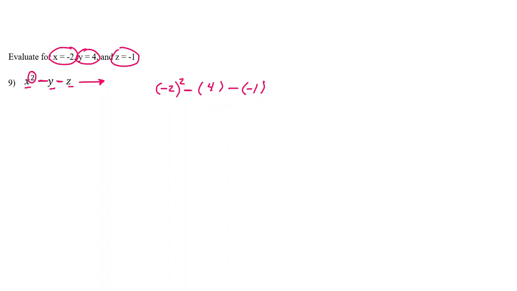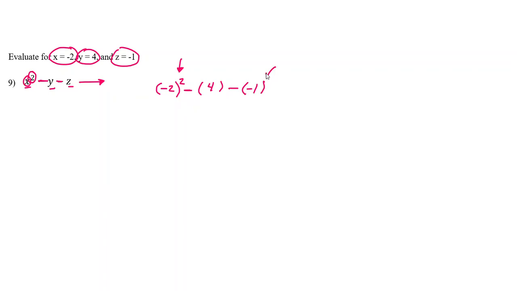you could argue that the parentheses around the 4 were not necessary, and you'd be right. But the parentheses around the -2 was really necessary, because otherwise I would think that the exponent squared here was not applied to the negative, but it clearly is because it's applied to all of x. So the exponent is on the x. X includes the negative. X is -2.